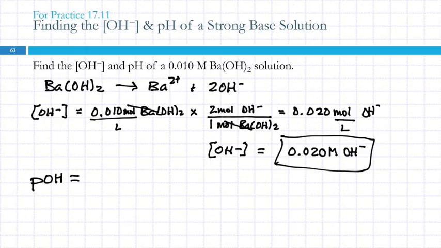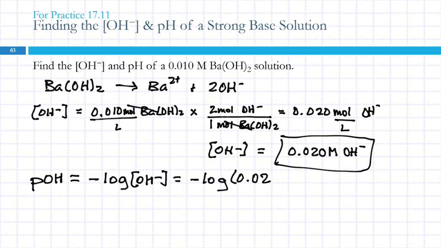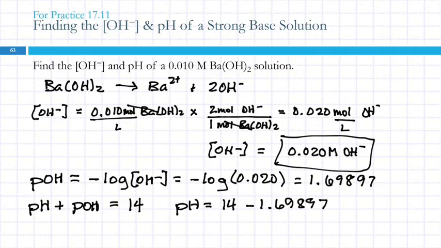So the pOH is the negative log of the hydroxide ion concentration, and that equals 1.69. Our molarity here has 2 sig figs because the starting molarity had 2. And so this pOH is going to have 2 significant figures. Remember, in a pH or pOH, it's the decimal places.